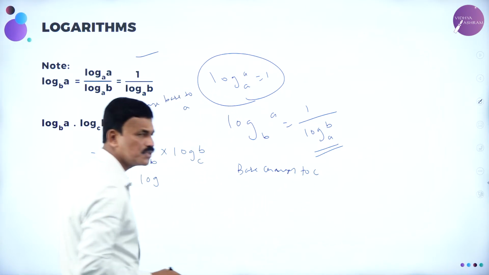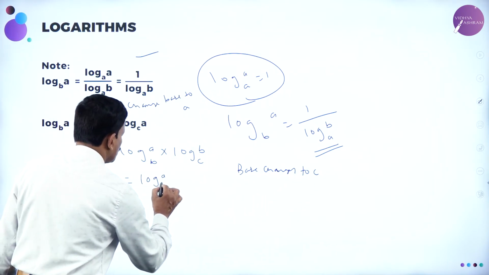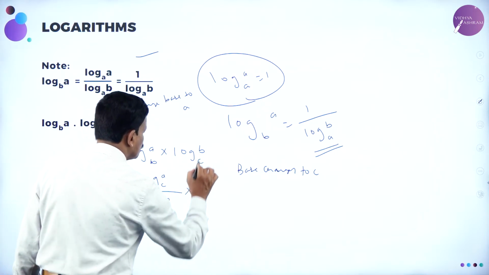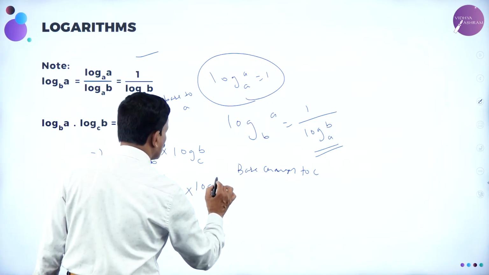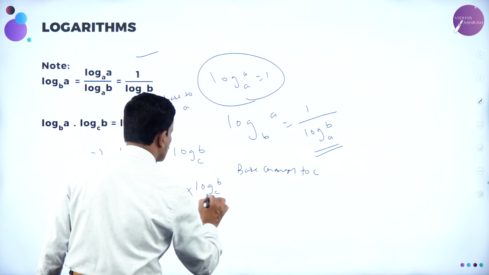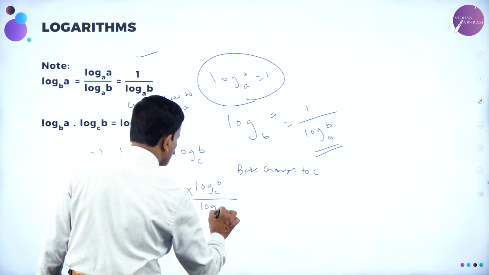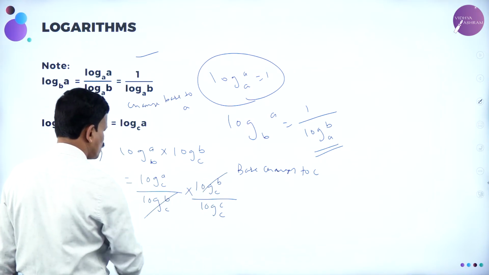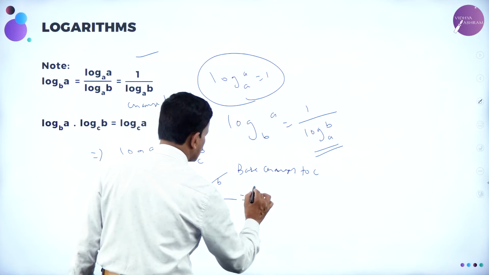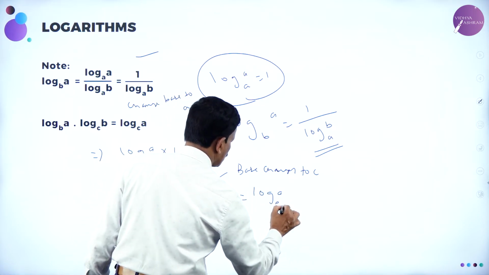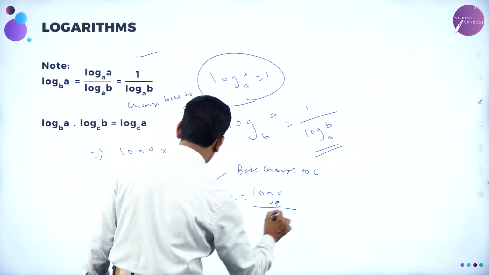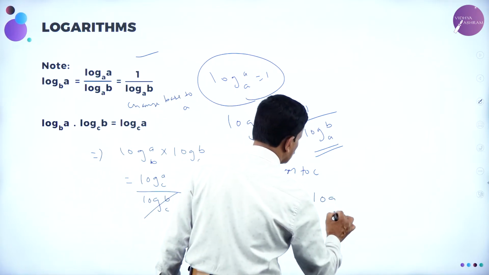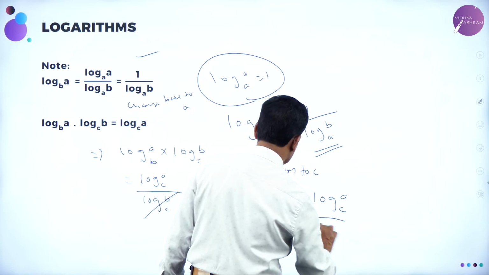Let us change the base to c. So then this can be log a to base c divided by logarithm of b to base c, into, changing the base to c, logarithm of b to base c divided by logarithm of c to base c. What happens here? Log b to base c gets cancelled, and what is left over in the numerator is log a to base c, divided by log c to base c, which is 1. So this is equal to logarithm of a to base c. That's it.